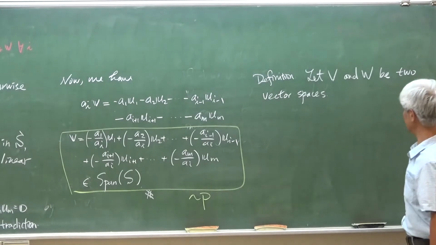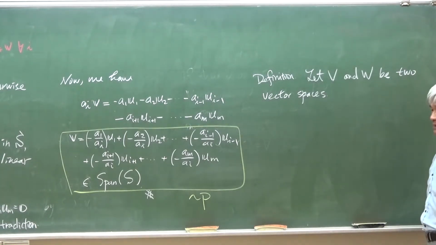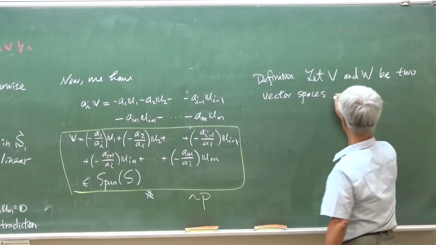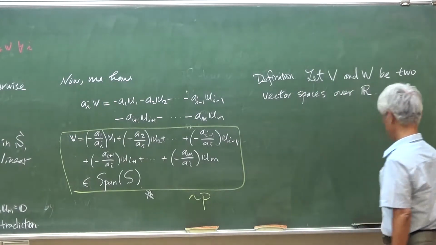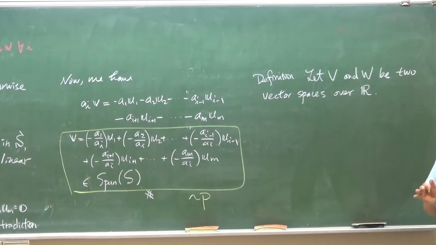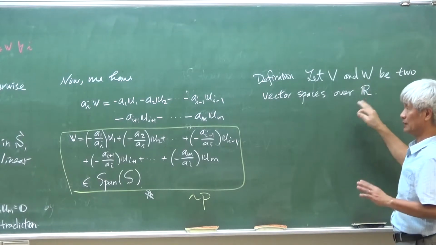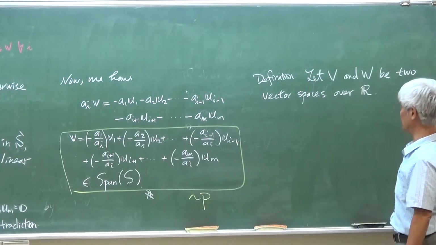So we take V and W, two vector spaces over R. That just indicates they have the same set of coefficients. All their scalars are from the set of all real numbers.